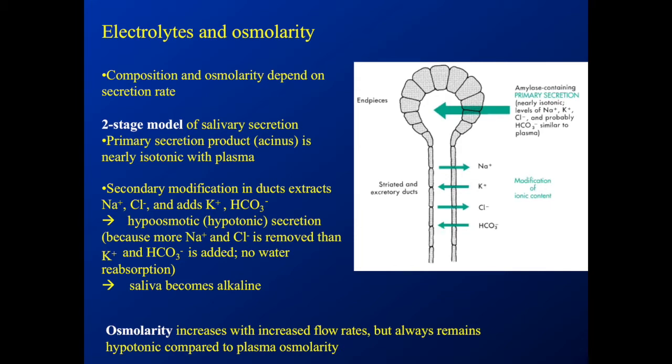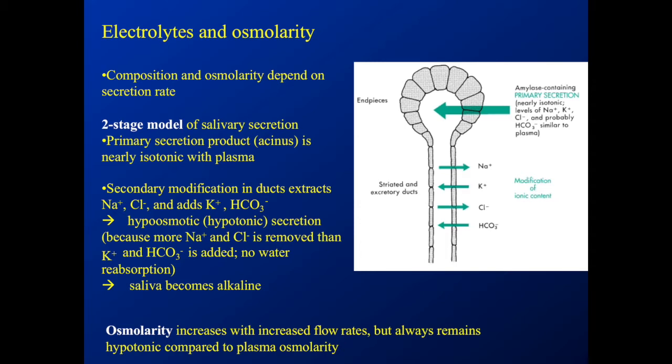And so what this results in is that generally the saliva is hypoosmotic with respect to the blood, because more sodium and chloride is removed than potassium and bicarb is added, and there's no real water absorption. And because you're adding bicarbonate to it, the saliva becomes alkaline.